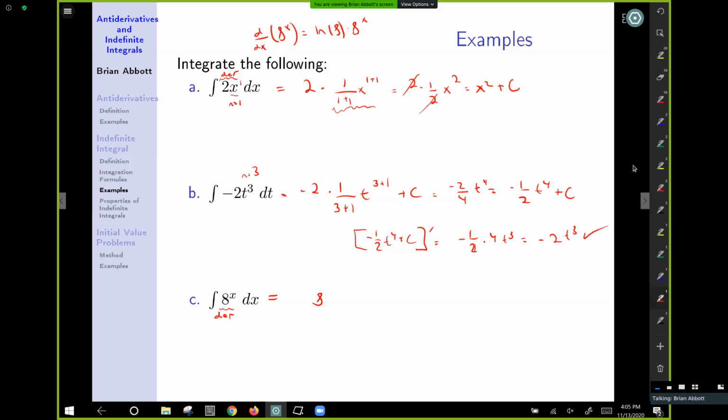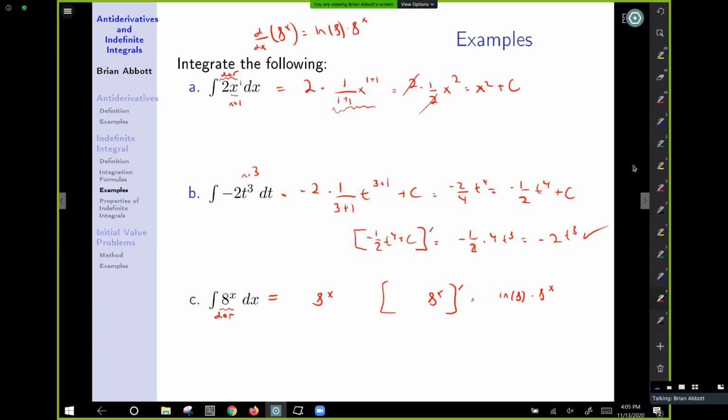So 8x comes to mind. The problem is if I check 8x and take the derivative of it, I'm going to get ln of 8 times 8x. But I don't want the ln of 8 because there is no ln of 8 in my integrand.